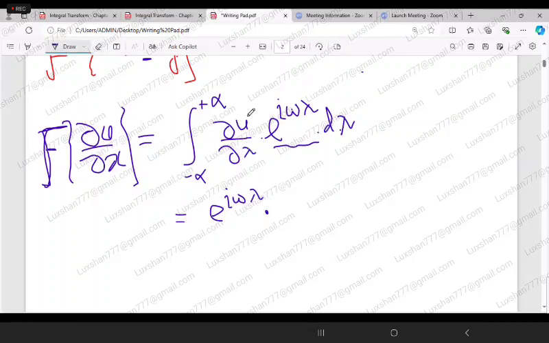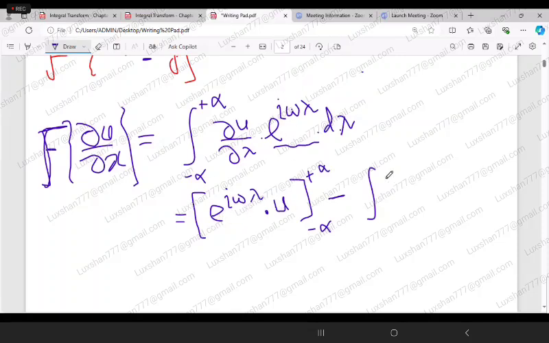So the integration of this one is u, with range minus infinity to plus infinity, minus the differentiation of this function.